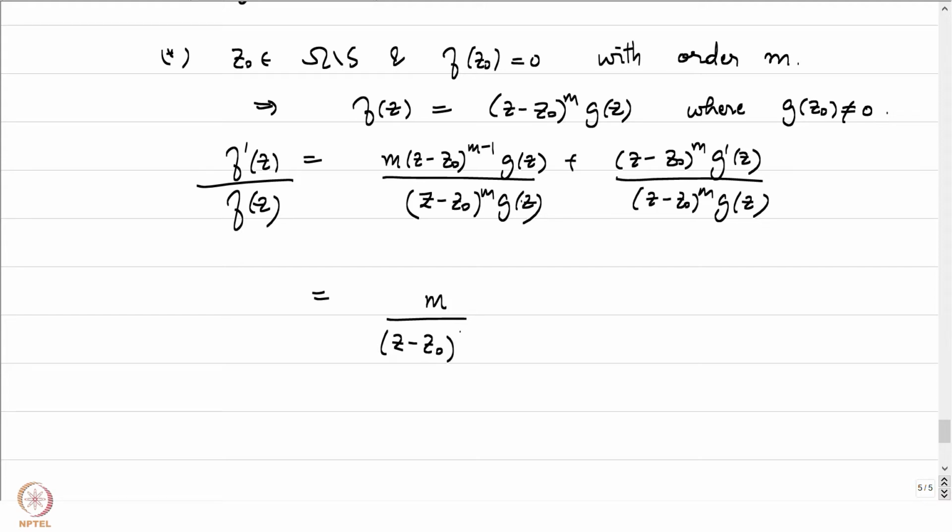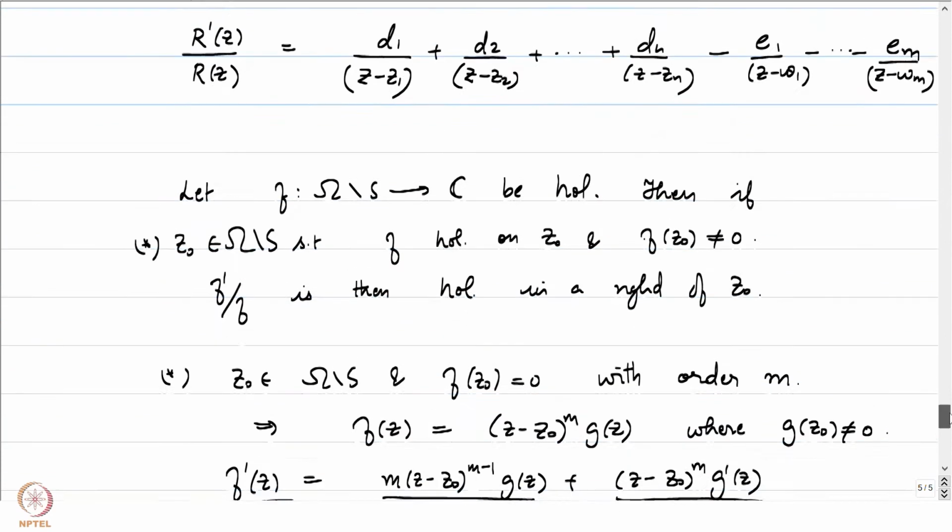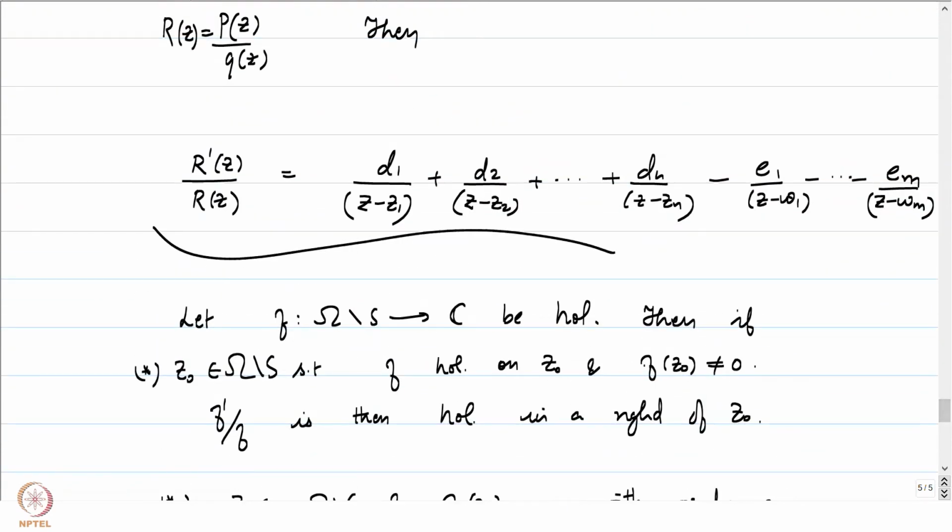plus g prime of z by g of z, and by noting the previous case, this function is holomorphic on z0. Let me say on z0 to denote that it is holomorphic in a neighborhood of z0. So, notice that it is something similar to what happened here.